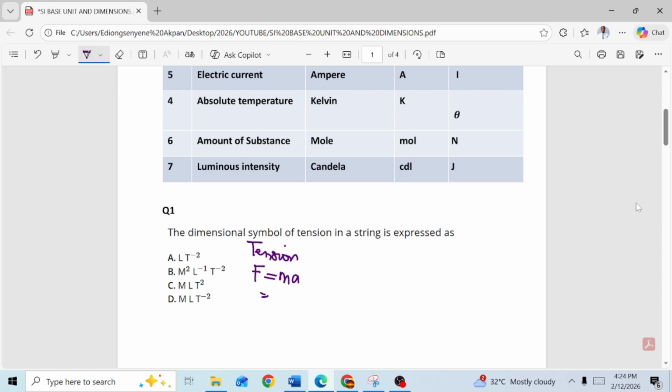So the symbol for mass is kilogram. The symbol for acceleration is meter per second squared. The dimension for mass is M. The dimension for length is L. And the dimension for time is T. We have MLT minus 2. And the answer is D.